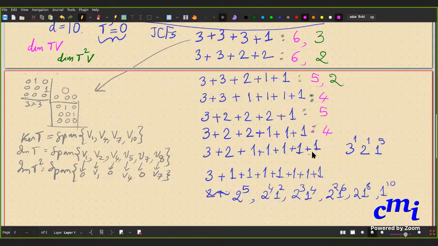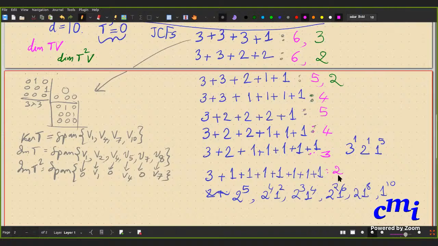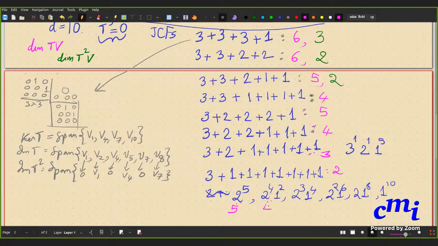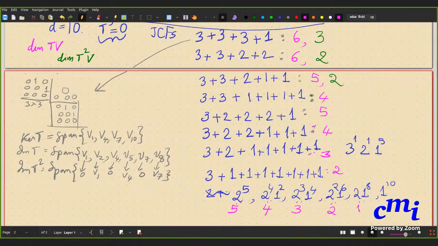Okay. This 3. This should be 2. And this should be 5. 4, 3, 2, 1, 0. Very good.